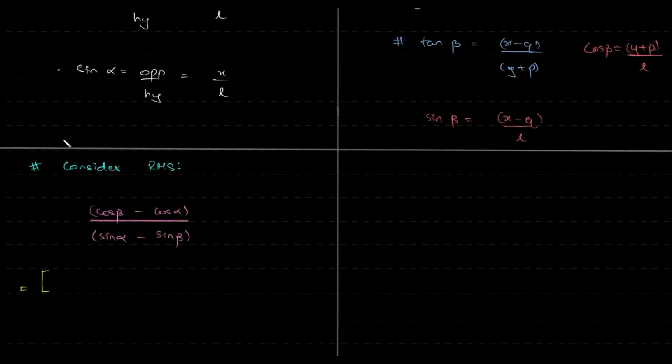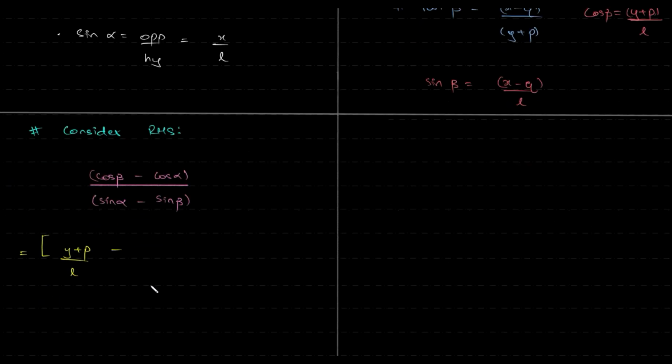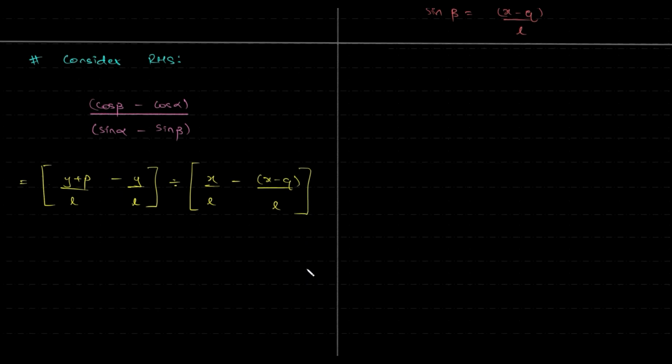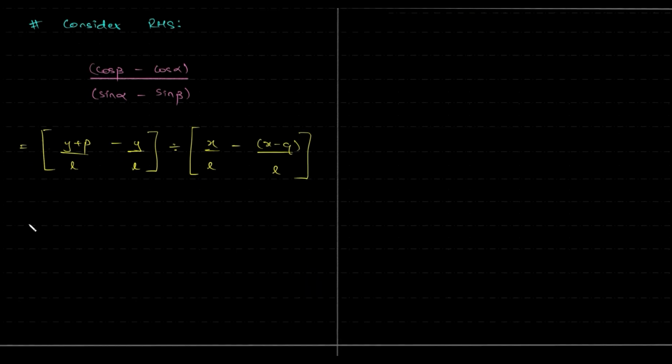Cos beta is y plus b by L minus cos alpha, cos alpha is y by L, right? Very simple. Divided by, now the denominator. This is x by L minus x minus q by L. All we have to do is simplify this a bit further and we have the answer.